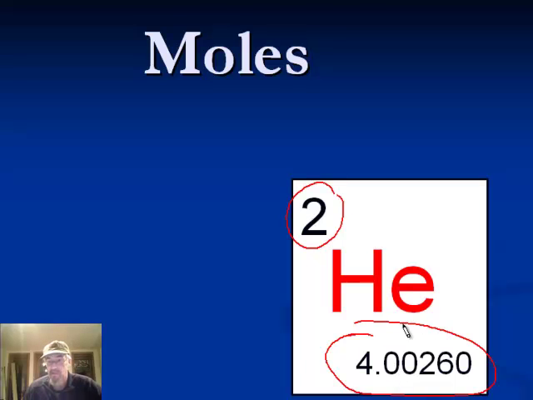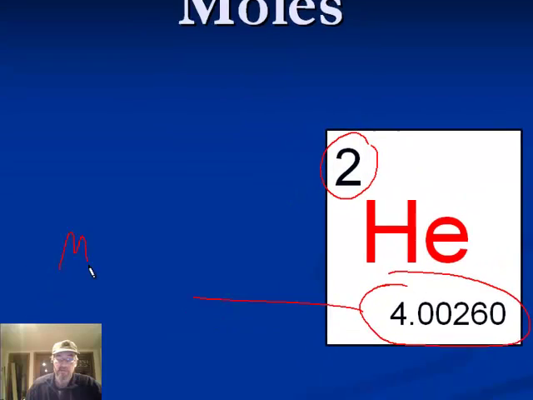In this example, He is helium. But more useful in most cases is the fact that this number is also the mass in grams of 1 mole of helium atoms. And that's called the molar mass.